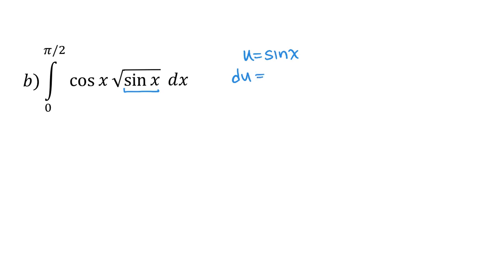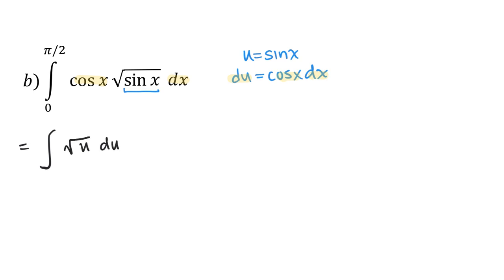Du is cosine x dx. Okay, let's see what substitution we can make here. So what else do I have? I have the cosine x dx, so I can straight substitute du. So this is going to be written as square root of u du.